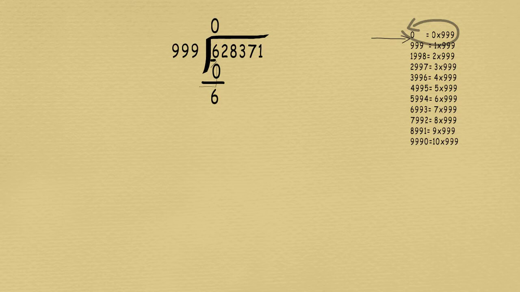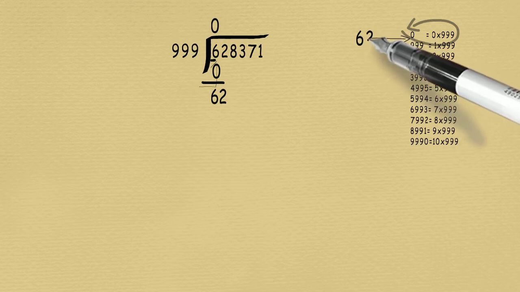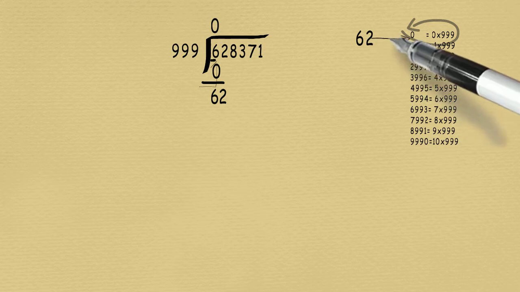The second step is just repeating the first step, and so are all the other steps. So I'm going to continue. I'm going to bring down the number 2 so that I now have the number 62. Once again, I'm going to squeeze 62 in between two numbers in the multiplication table, and I can see that 62 is in between 0 and 999.